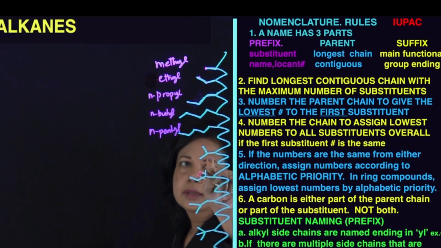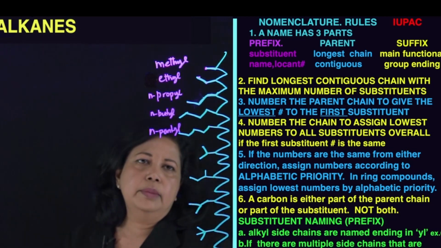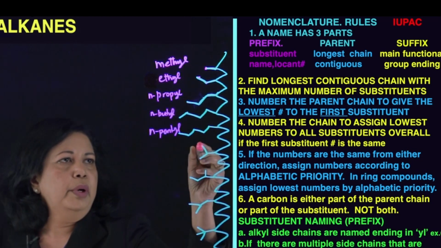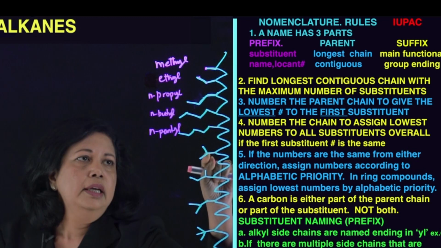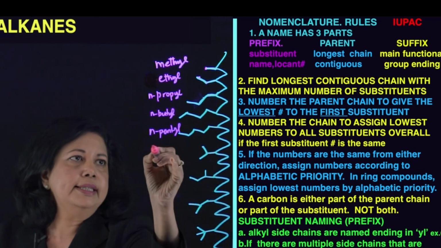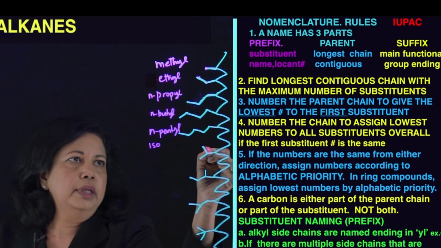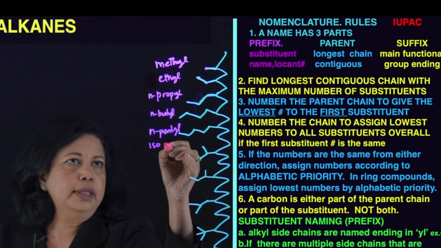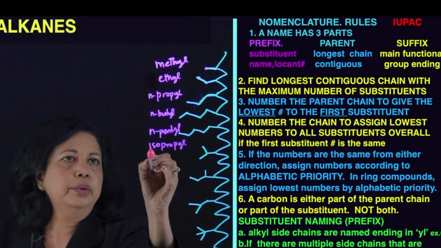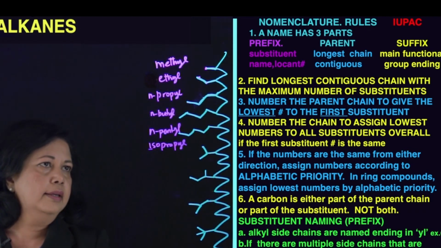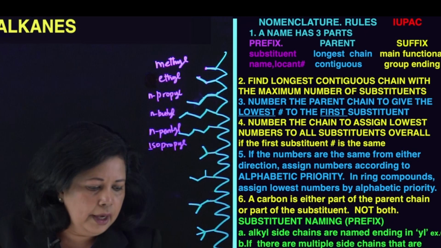Here's a branching. There's 2 ways to name a branching substituent or branched substituent. One is if it is Y-shaped, it's iso, and then you put the number of carbons, 1, 2, 3, propyl. No hyphenation, and you alphabetize using the I. What is the other way?